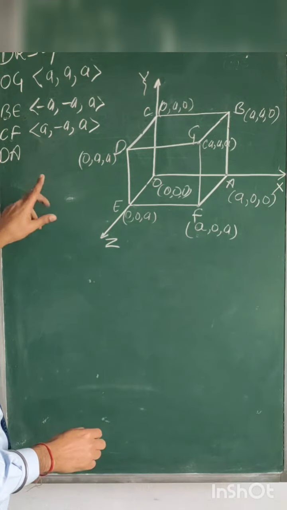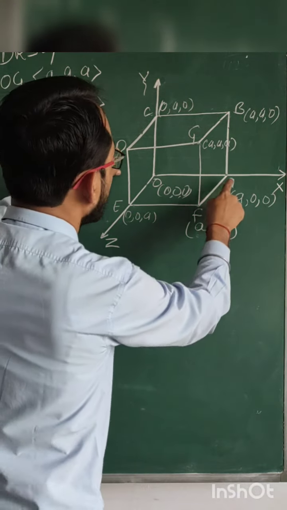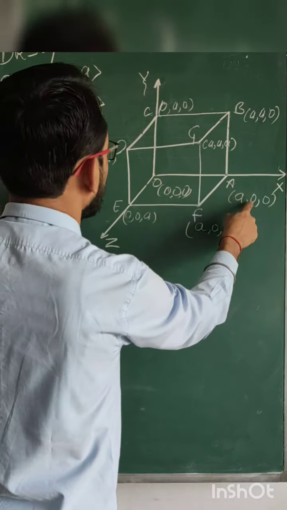Last DA will be a minus 0, a, 0 minus a, minus a, 0 minus a, minus a. These are the direction ratios of the four diagonals.